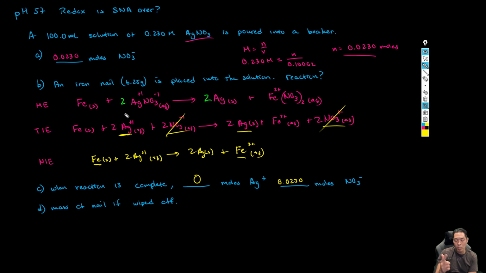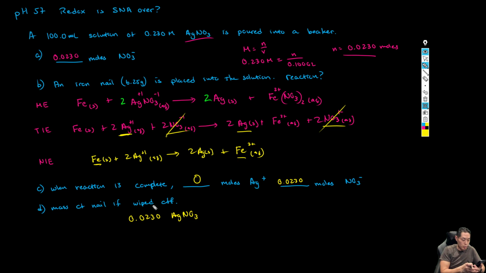And we could do the same thing. Instead of saying 1 molecule, we could say 1 mole. So 1 mole of iron reacts with 2 moles of this. So it's a ratio of 1 to 2. So if we have 0.023 moles of silver nitrate, in order for all this to be consumed, if this was a 2 coefficient, I need this divided by 2.